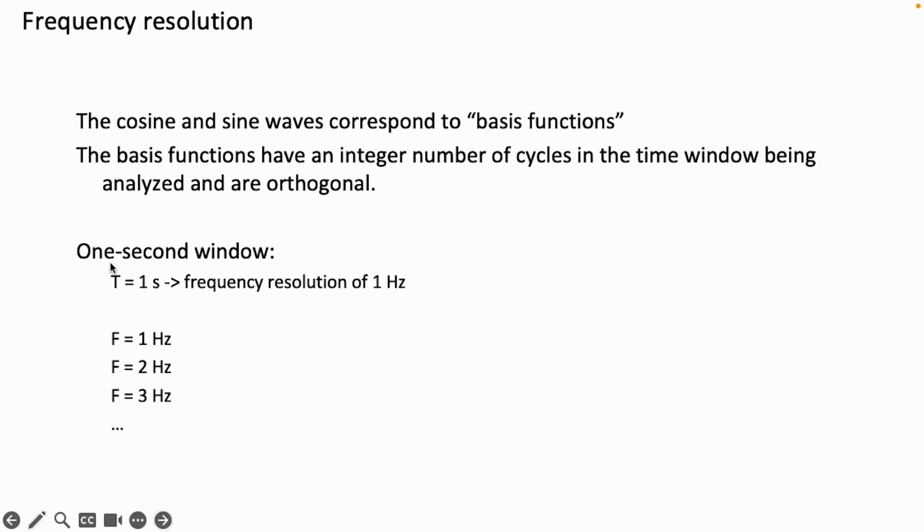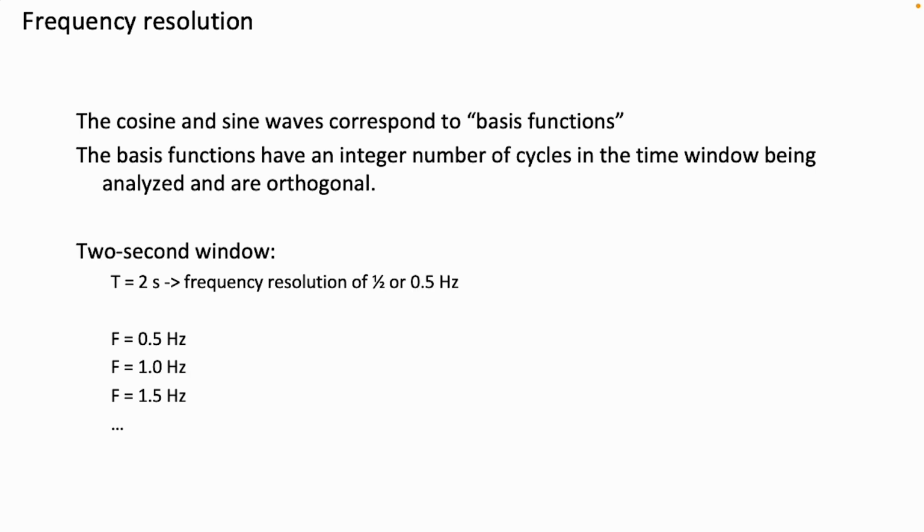So if we have a 1 second time window, then the lowest frequency that we can estimate is an oscillation of 1 second, so that is 1 hertz. The next frequency that we can estimate is 2 hertz, then 3 hertz and 4 hertz. So the frequencies that we get along the horizontal axis of the frequency spectrum depend on the length of the window that we're analyzing.